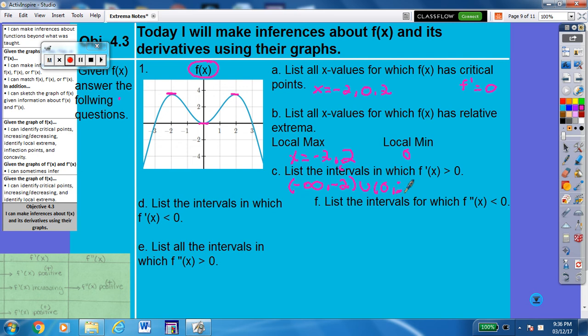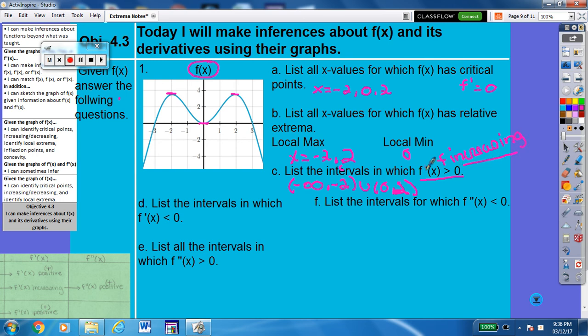I want to say something about this. I'm not using brackets, and the reason is because the question is where is the derivative positive. I understand that is the same thing as asking where is f increasing. But when they use the word increasing, it is defined with closed brackets.